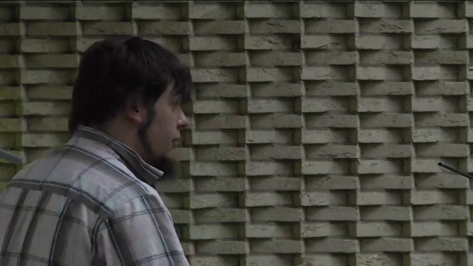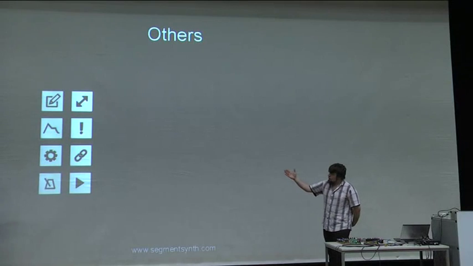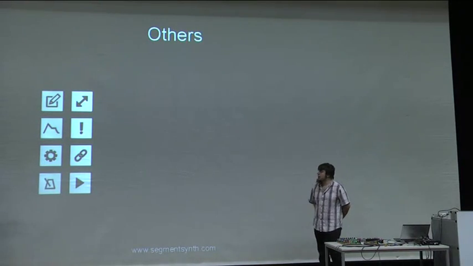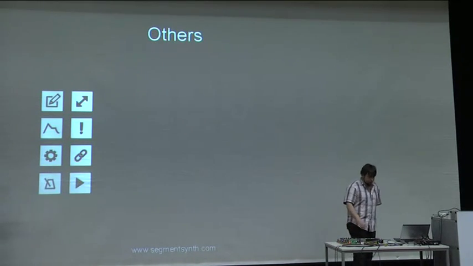So if you mess about and you mess it up, you can always return to where you started. Then there are envelopes, settings, and linker and scaling for the linker. I shall be talking about that later on.